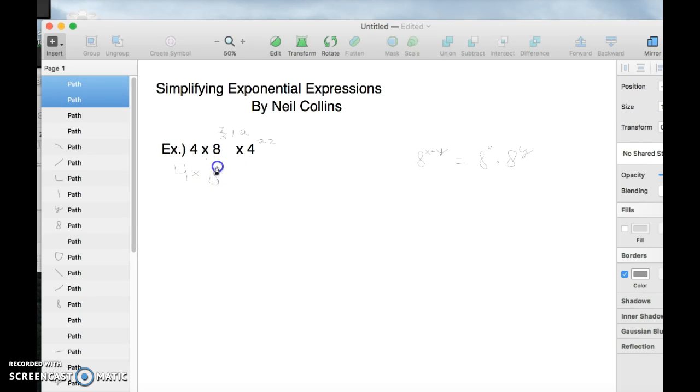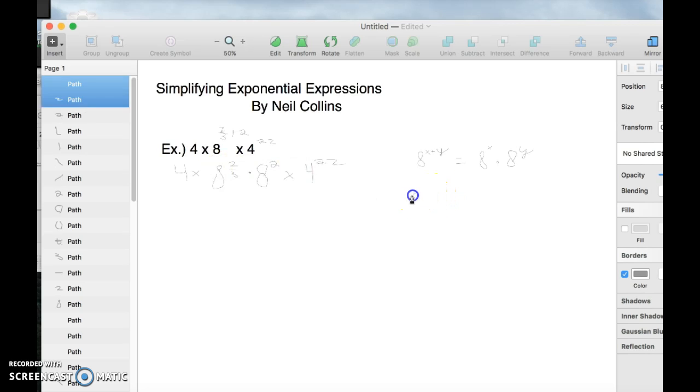Okay, this is not working that well. 8 to the z third, multiplied by 8 to the second power, times 4 to the 2z. Okay, there we go. Have that settled.